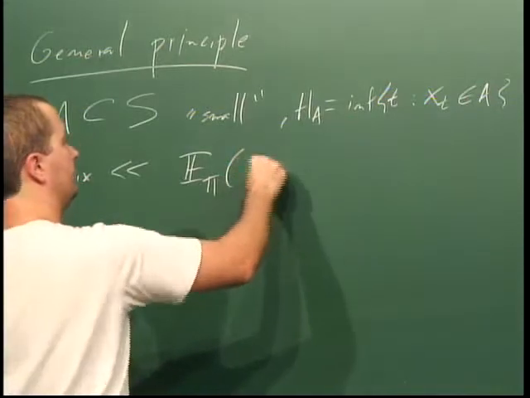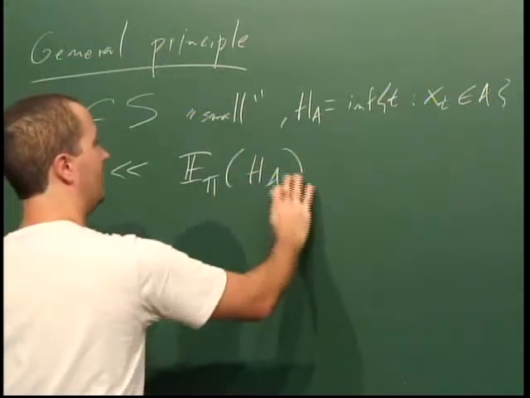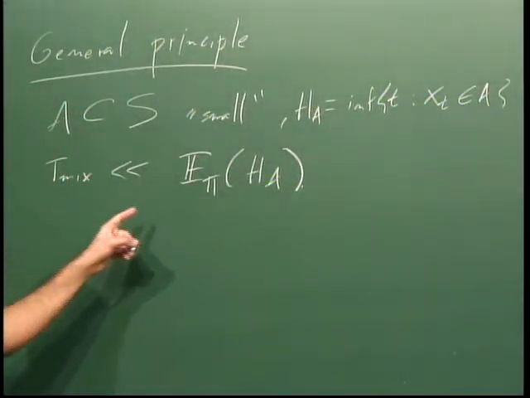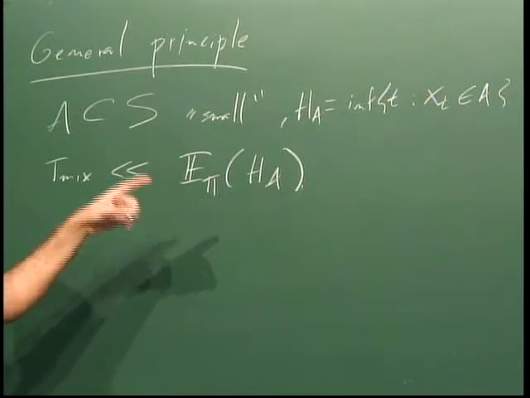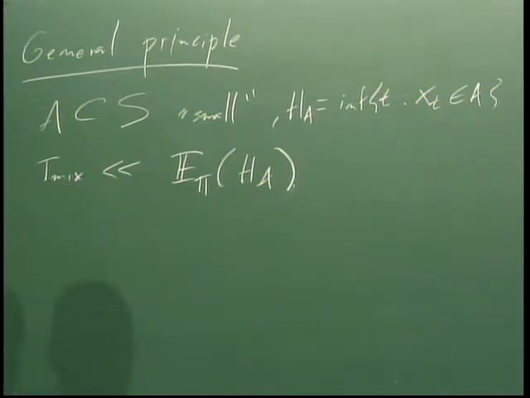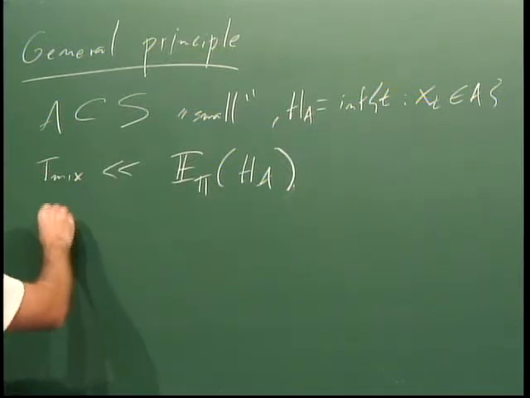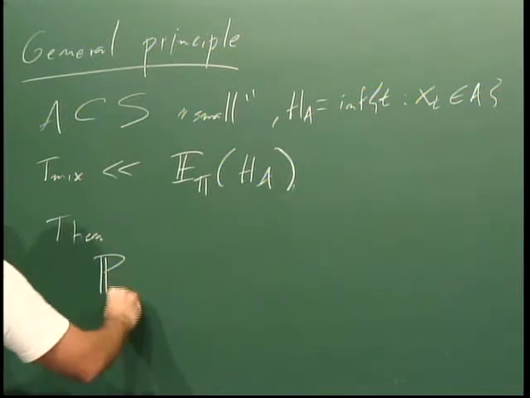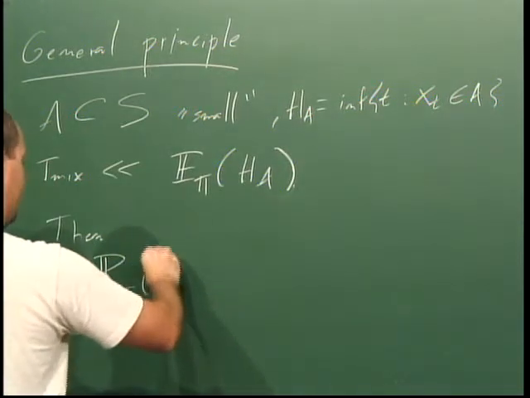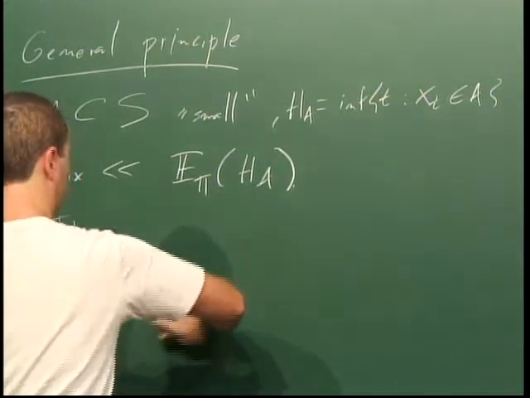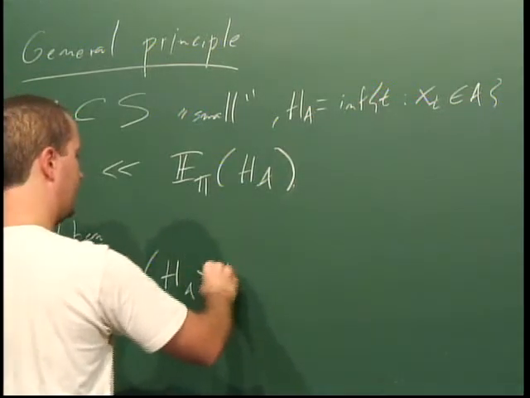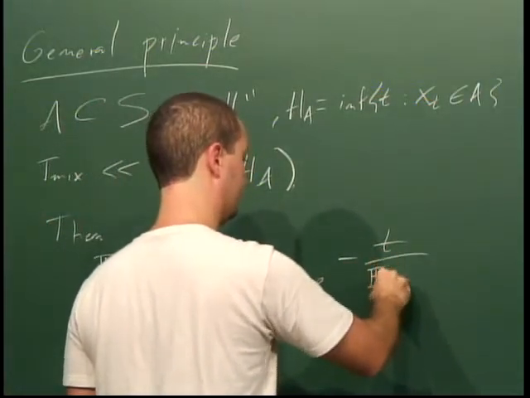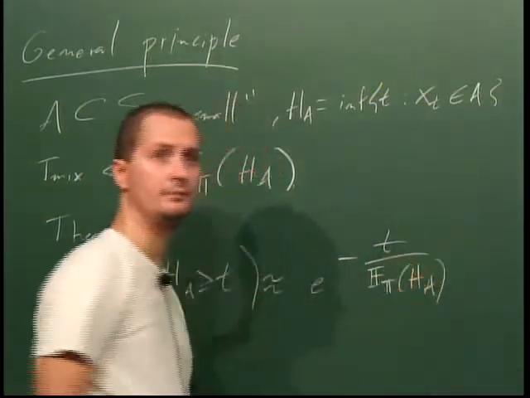And let's say that the set is so small that the time it takes you to lose memory of your initial state is much smaller than the time it takes you on average to get to that set. Right? So in this case you expect to see, and that's actually a general result, and maybe I'll have to define this, that this hitting time has a distribution that's approximately exponential with this expected value.